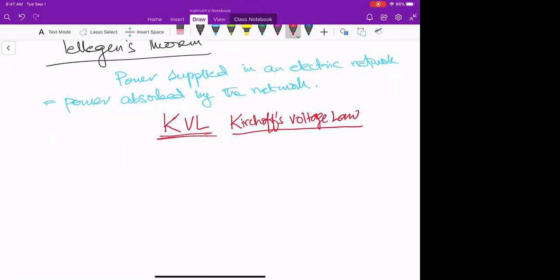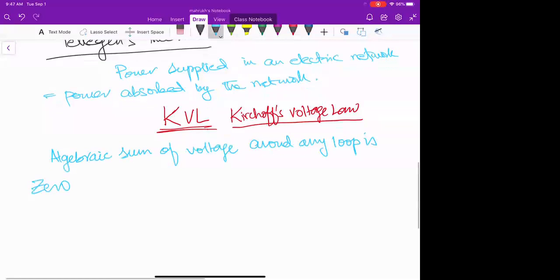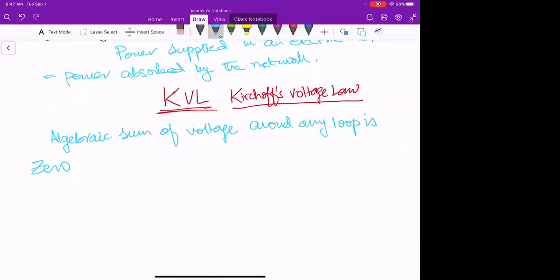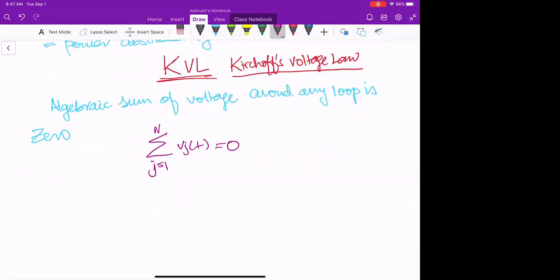Okay. So it says the algebraic sum of voltages around any loop is 0, which means the sum from j equals 1 to n of Vj(t) equals 0. That's the expression. Okay.